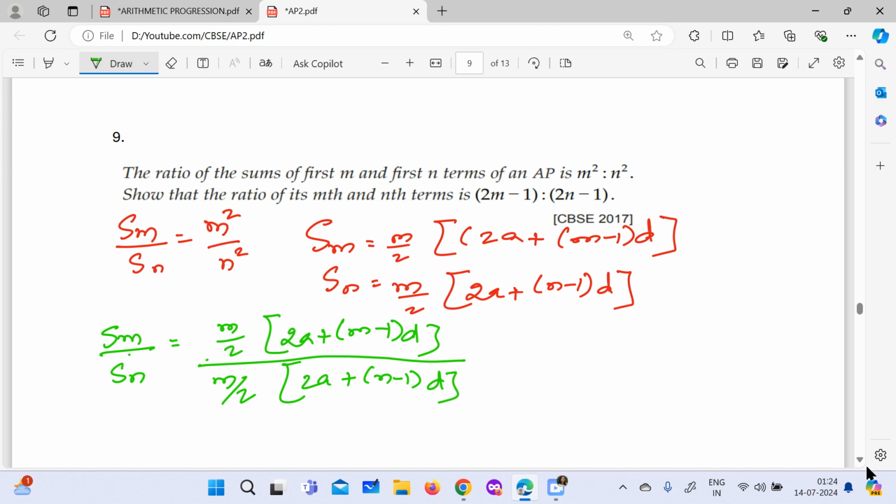We will simplify this little more, and this is equal to m square over n square. This is already given here, so don't forget to mention it anytime. We have to show this is the ratio. Okay, let's work on it.